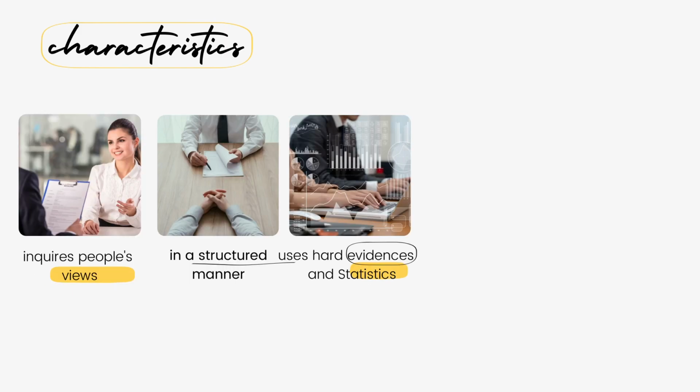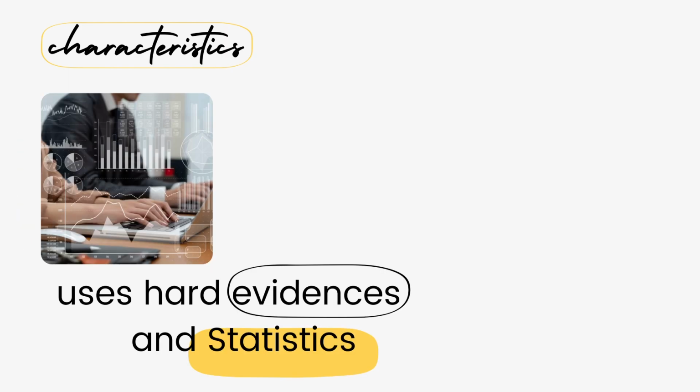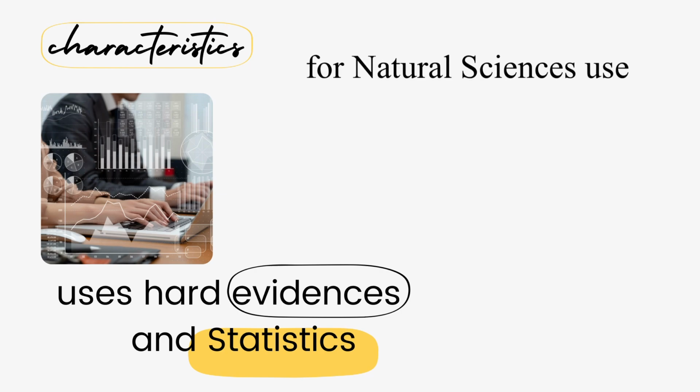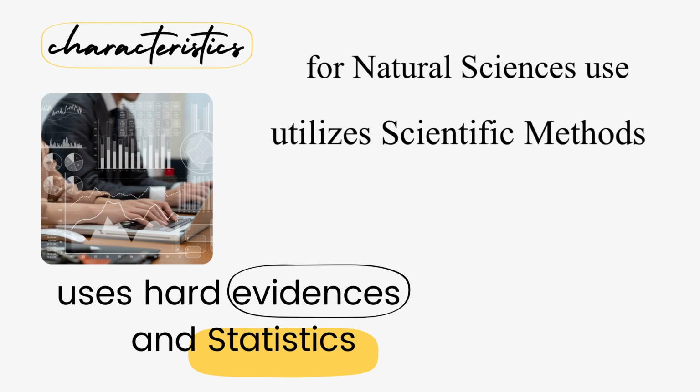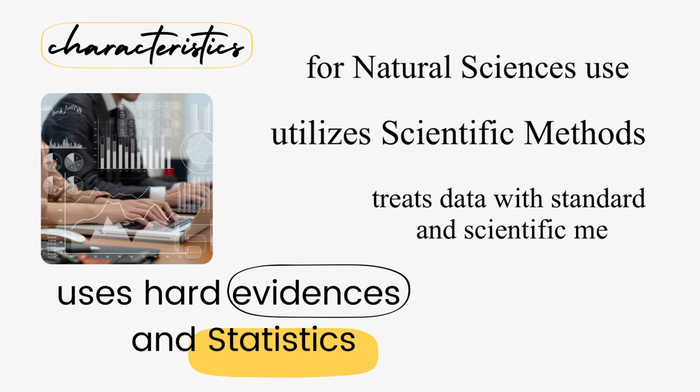Next is that it uses hard evidences and statistics. This is the reason why natural sciences use quantitative research over qualitative research. This is because quantitative research utilizes scientific process, scientific methods, and uses scientific tools such as statistics and other mathematical treatments.